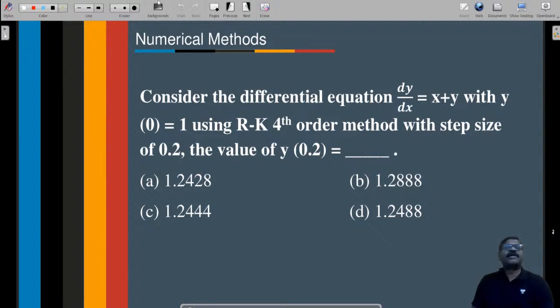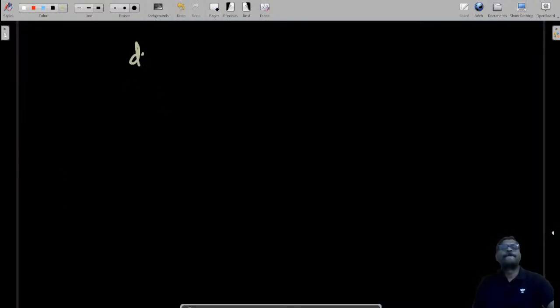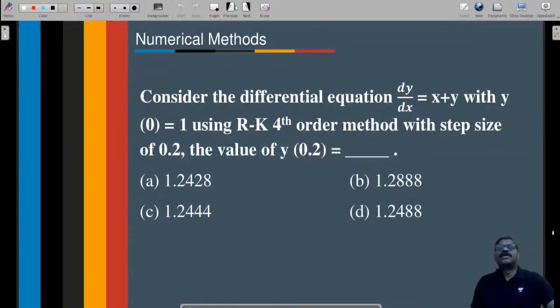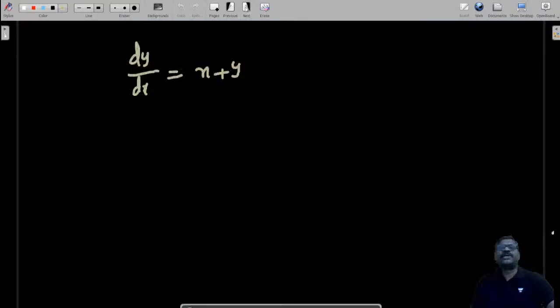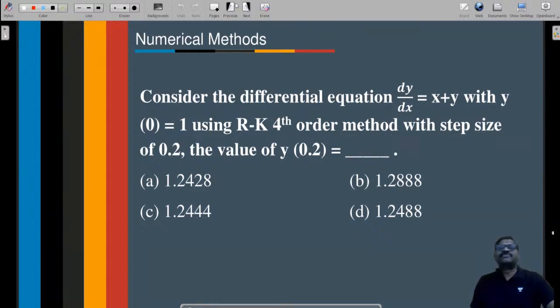Okay. Now we have to apply RK fourth order method. dy by dx is x plus y with y of 0 equal to 1.